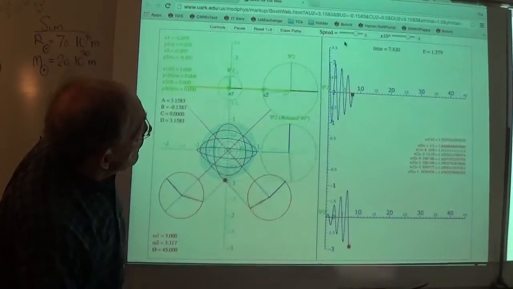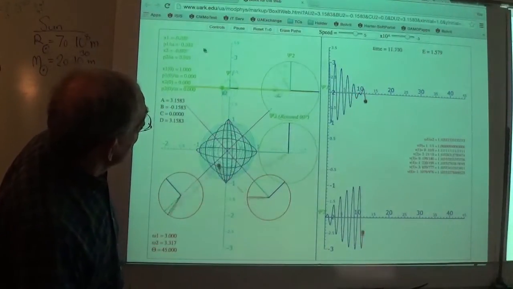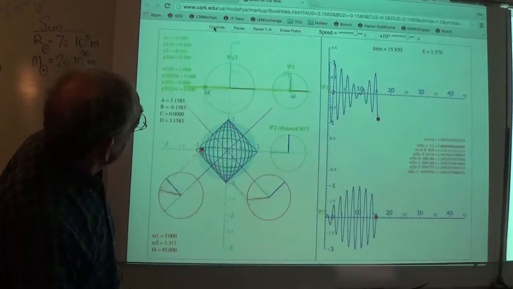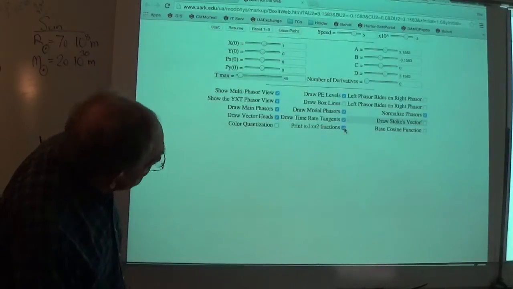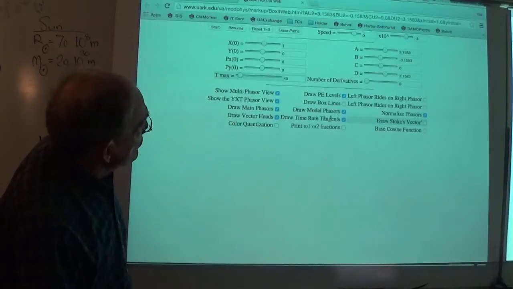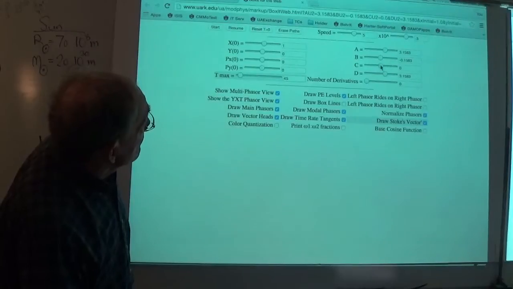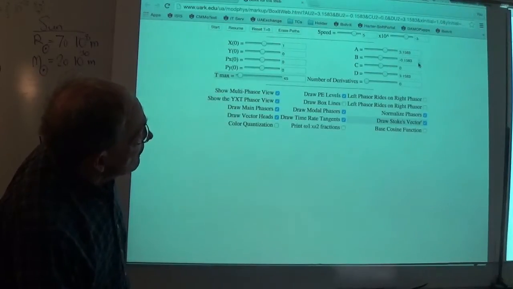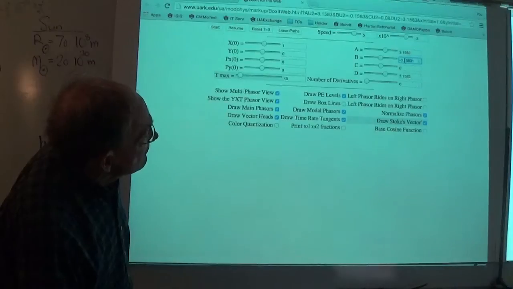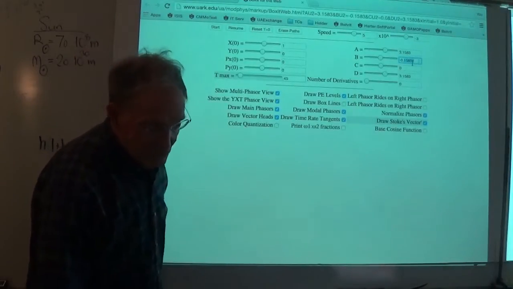Okay, so on this one I'm going to let it go pretty fast here, but I'm going to make some changes. First of all, I'll not print the fractions right now. I'll simply do this thing right here so that we can point that out. But I'm also going to make the coupling here quite a bit less. Let me go ahead and make something like, I'll see how well I can get this number in there.